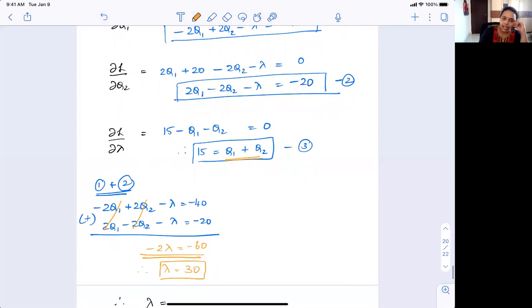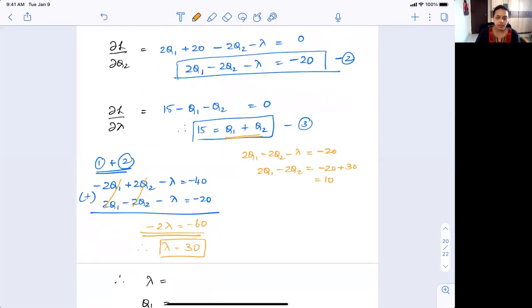So let's plug lambda is equal to 30 into the second equation. So we get 2Q1 minus 2Q2 minus lambda is equal to minus 20. So 2Q1 minus 2Q2 is equal to minus 20 plus lambda, which is 30. So you get 2Q1 minus 2Q2 is equal to 10, and we can write that as Q1 minus Q2 is equal to 5, dividing by 2 throughout.